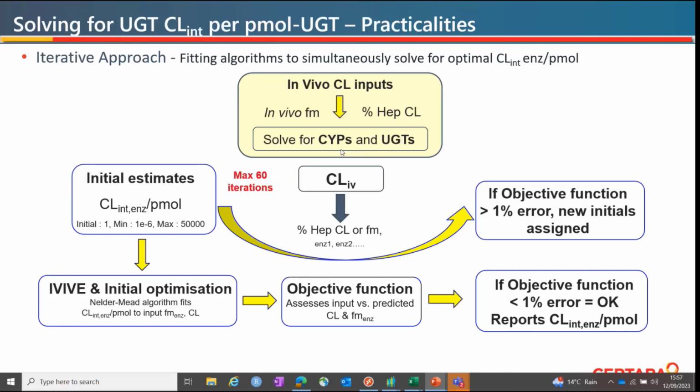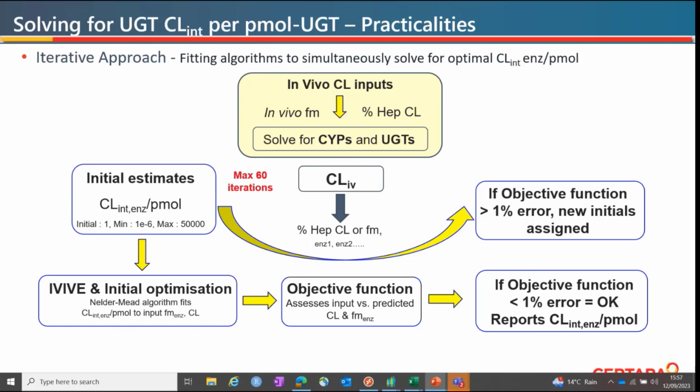You can select your CYPs or UGTs in a similar way to that which I showed you for the retrograde model. Just need to go and find the right enzymes and populate the data in the table there. But what happens here is there's complexity with the UGTs that makes it difficult to solve just using a retrograde approach.